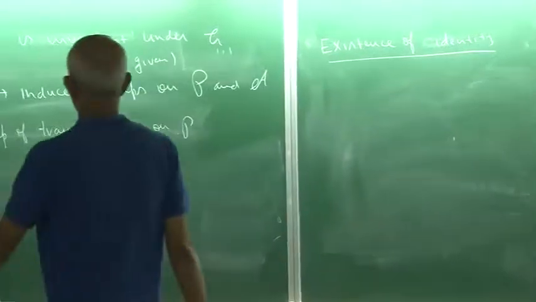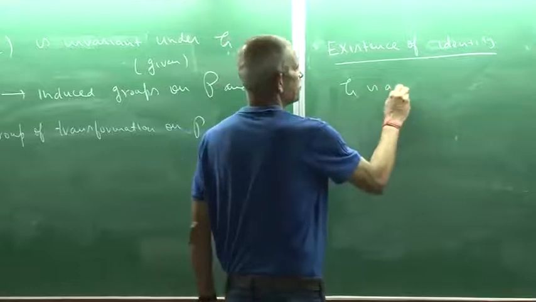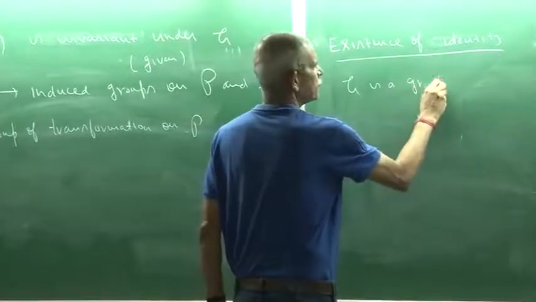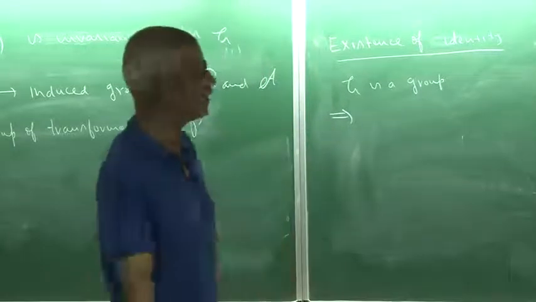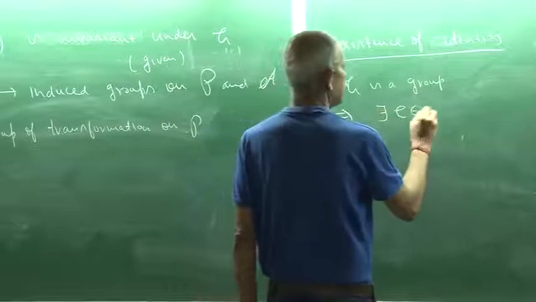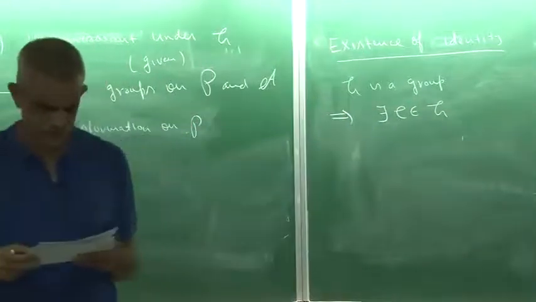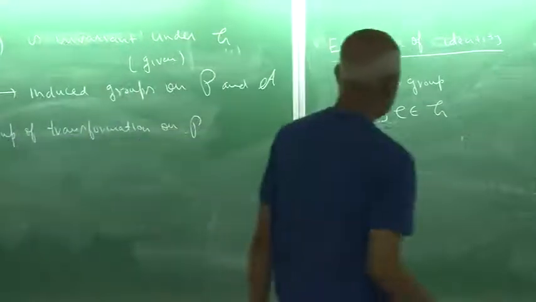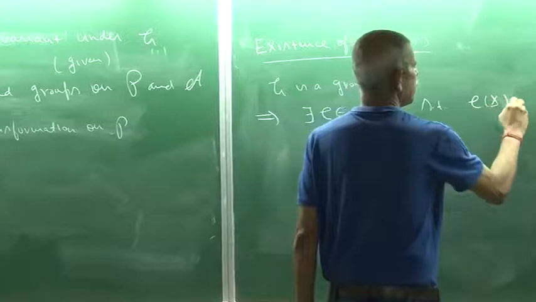Now I know that this G is a group. So there is an identity element in G. So what does that mean? There exists an E belonging to G such that E of x is same as x.